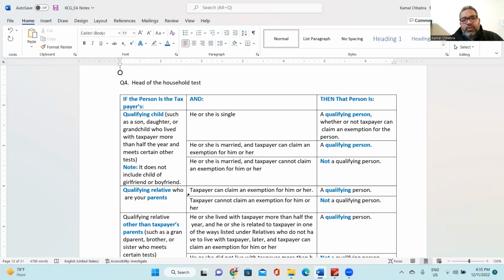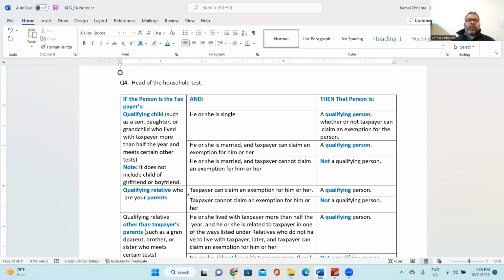Third, if he or she is married and the taxpayer cannot claim an exemption for him or her, then that person is not a qualifying person for the filing of the head of the household status.